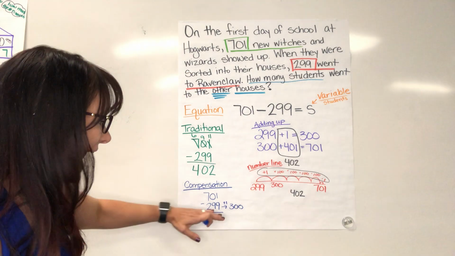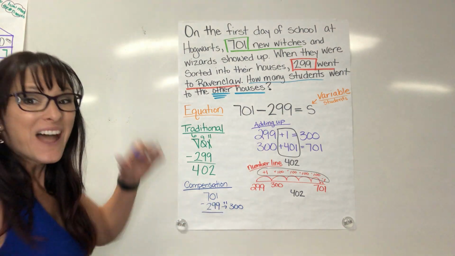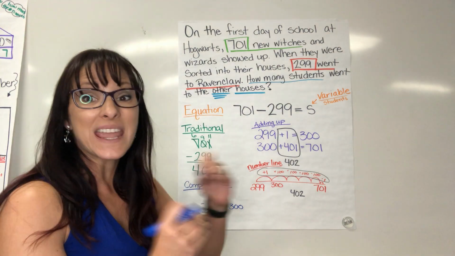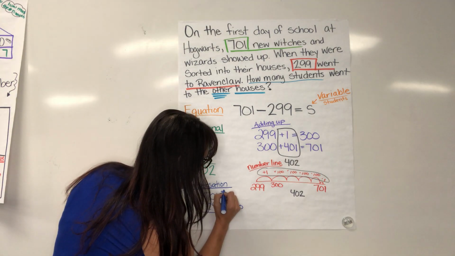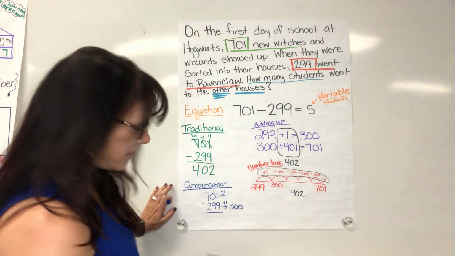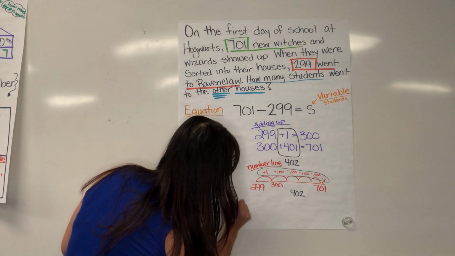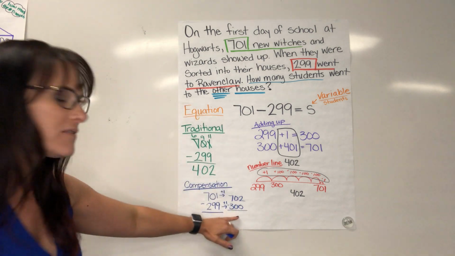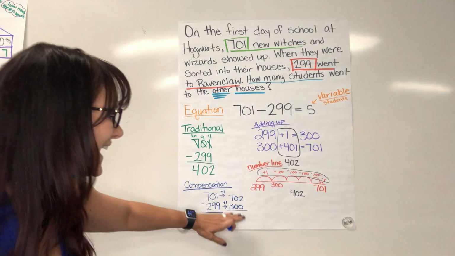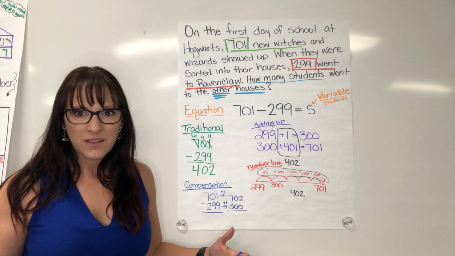Well, if I add one to my bottom number, I've got to keep that difference the same. So I am going to add one to my 701. Now I have, you guys, look at this. I have 702 minus 300.